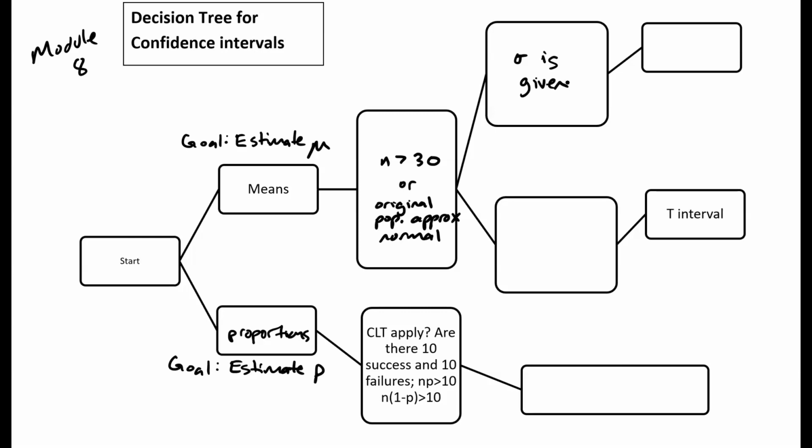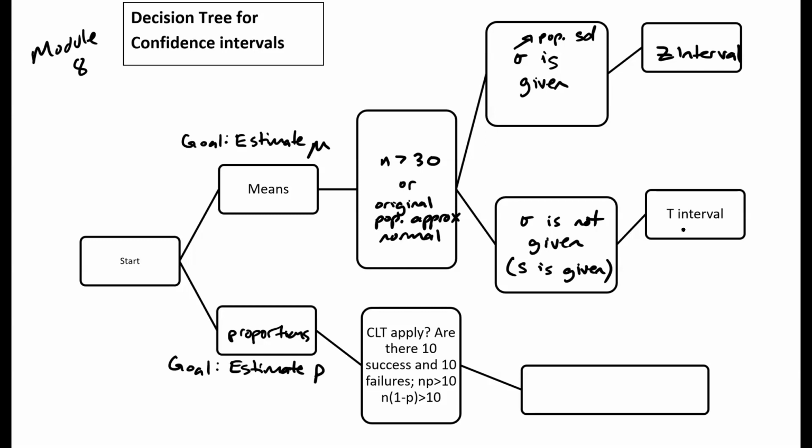If we are given the population standard deviation, and make sure you note that that stands for the population standard deviation, then the tool that we use is z-interval. But if sigma is not given, then we're relying on the sample standard deviation. You really have to watch out for that because it can be a trap sometimes. You'll see the words standard deviation in a problem, but if you don't see the symbol sigma, then it's most likely a sample standard deviation, in which case we're using the t-distributions, and that's why we select t-interval in the calculator.